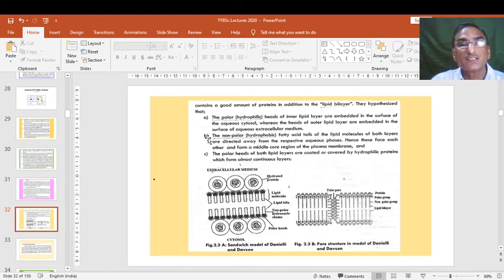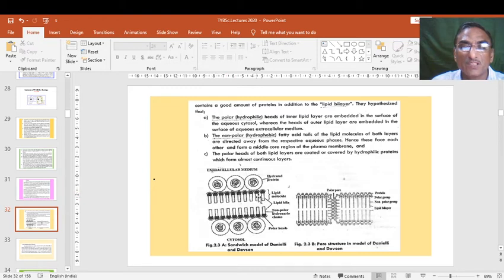First is that the polar or hydrophilic heads of the inner lipid layer are embedded in the surface of the aqueous cytosol, whereas the heads of the outer lipid layer are embedded in the surface of the aqueous extracellular medium. These are the heads of the lipid molecules.